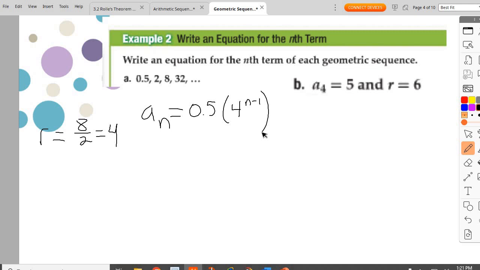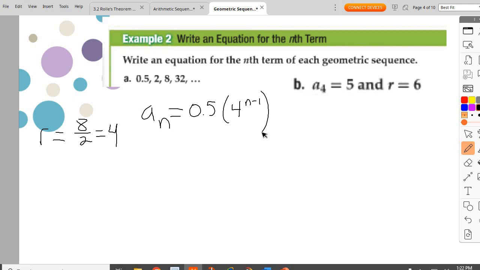Well, we have a variable in our exponent, so we can't get rid of our exponent, which means that we can't continue in our simplification. So we just have to stop there. That's our formula. So then if I asked you to find the third term, what would we do? Plug in 3 for n. So you'd have 4 to the second power, which is 16, times 0.5, so you would get 8. Does that make sense? We all okay with that?